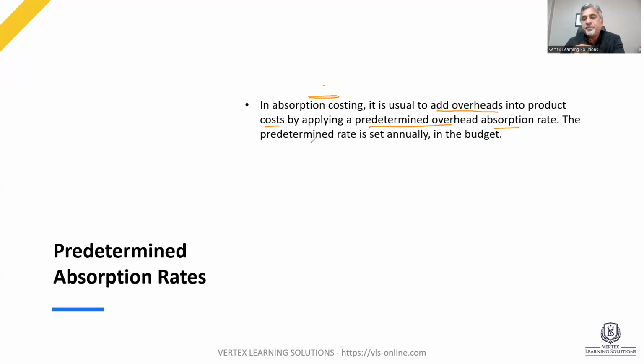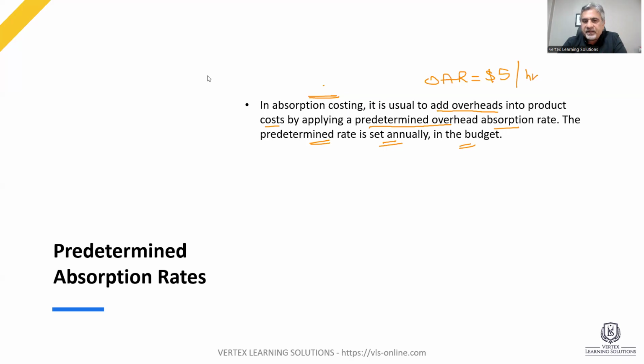The predetermined rate is set annually in the budget. So in this case, we said OAR was $5 per machine hour, $5 per labor hour, whatever you might have, maybe $5 per square meter.